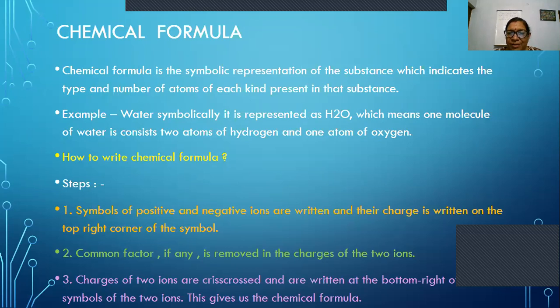Second, common factor, if any, is removed in the charges of the two ions. Third, charges of two ions are crisscrossed and written at the bottom right of the symbols of the two ions. This gives us the formula.